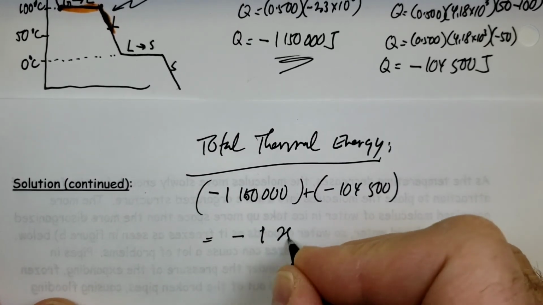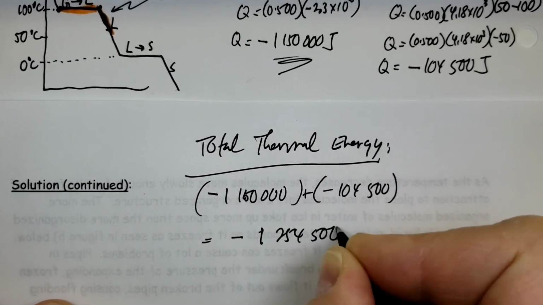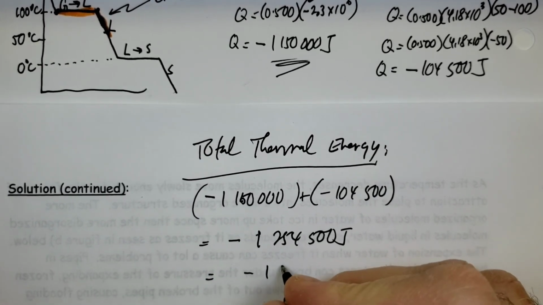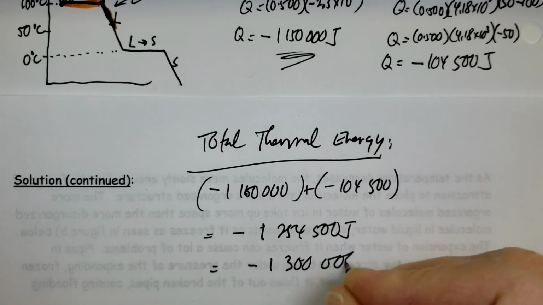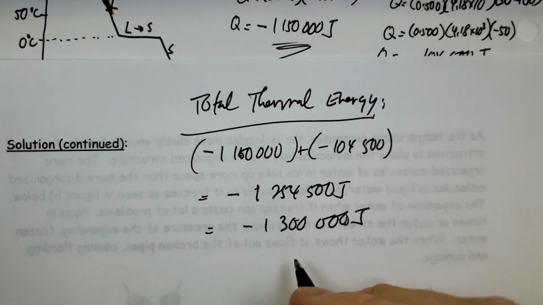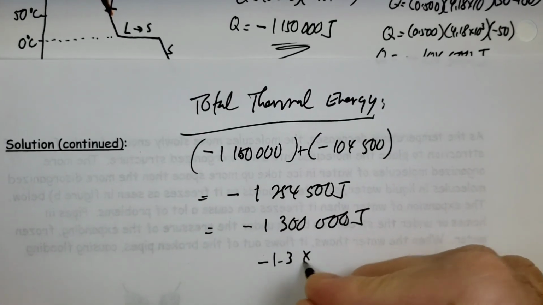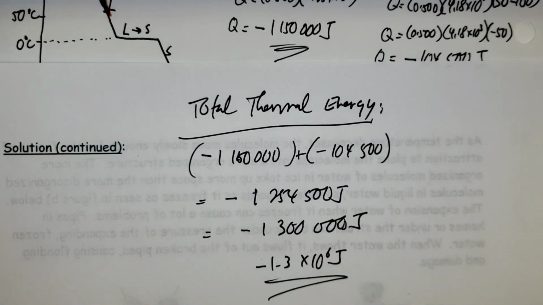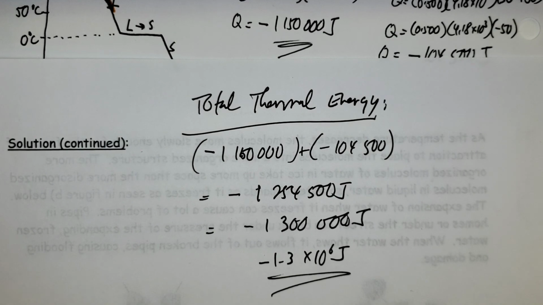Negative 1,254,500. Or I think I rounded it off to 2 sig figs here. Negative 1,300,000. Or in scientific notation, negative 1.3 times 10 to the 6 joules. So you can see how it goes through a few different areas. All right, we just have one more section, one middle video to do here, and then we'll be good.